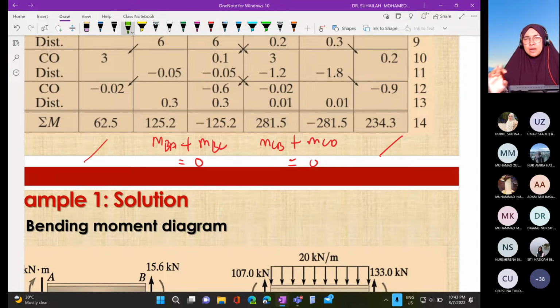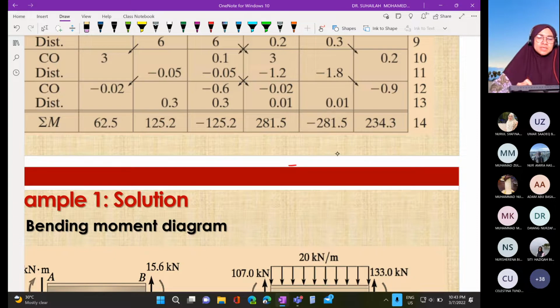Not by writing moment equation and substituting x value, but we can get the bending moment value and sketch directly from the moment that we get from the table.